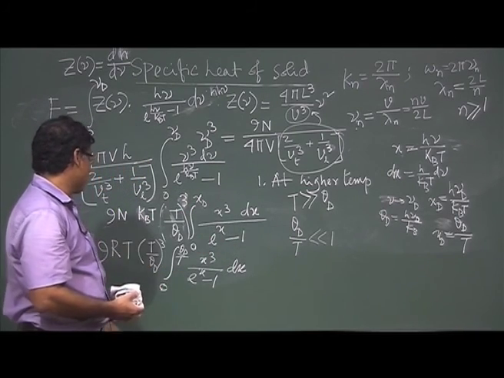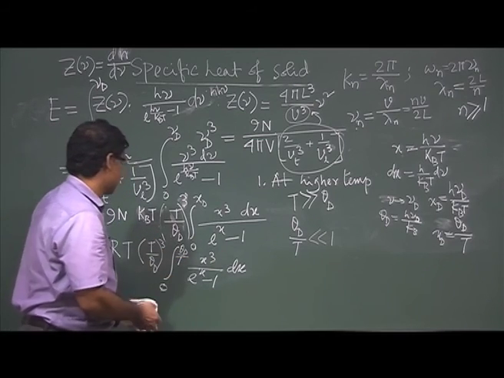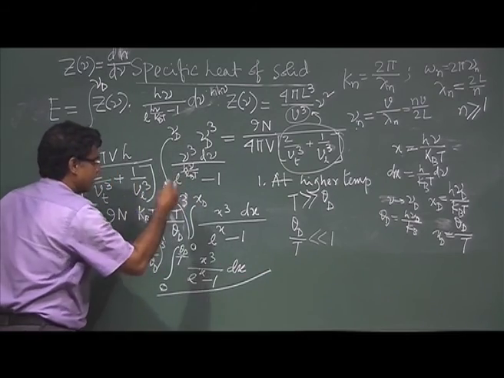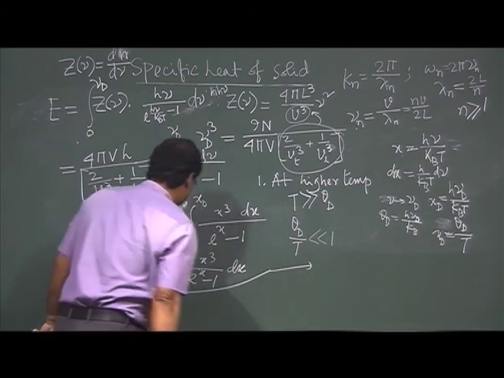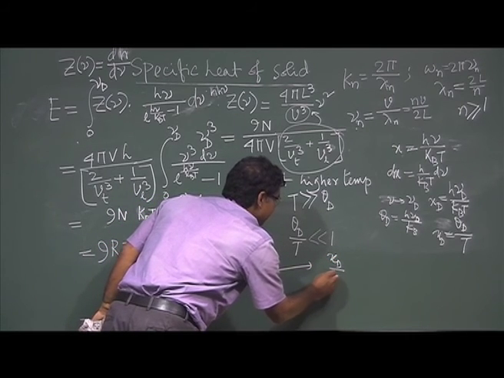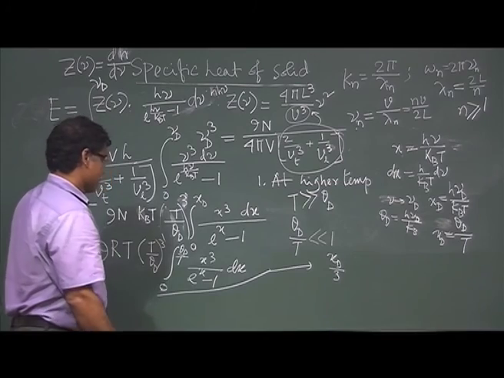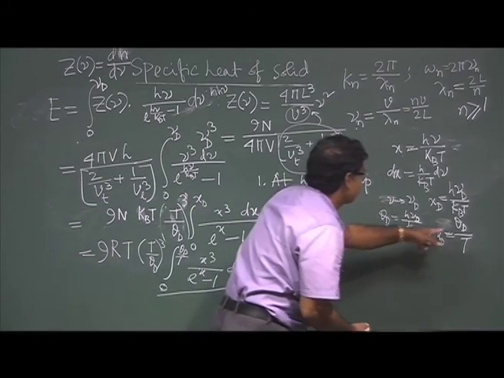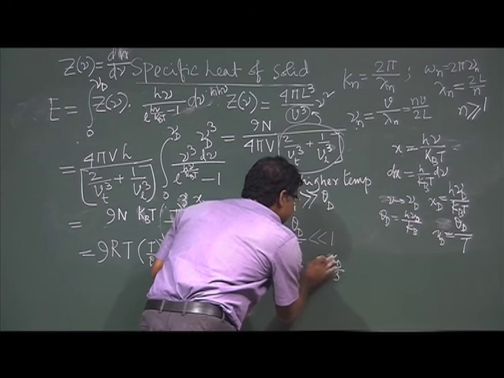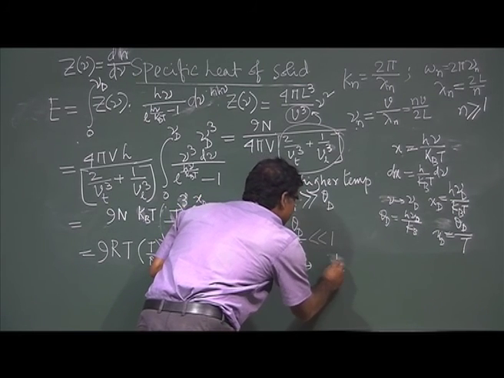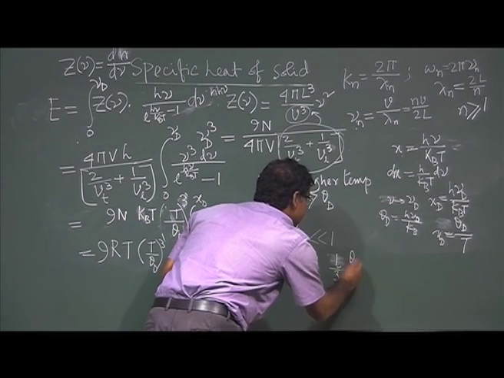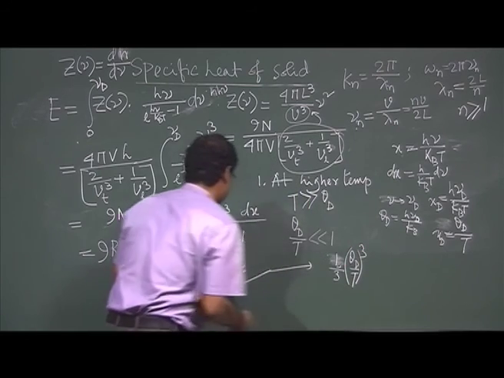So, this integration part will give me, at high temperature, x d cube by 3. Okay. So, what is x d? x d is theta d by t, so it is 1 by 3 theta d by t cube, right.